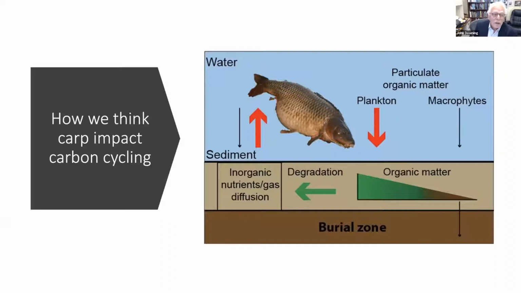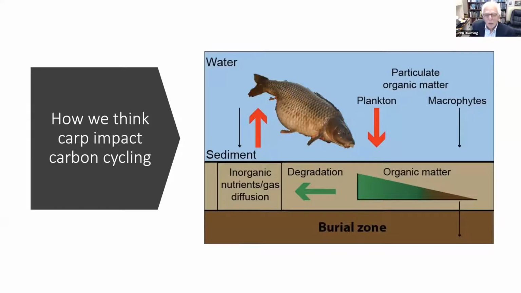How we think carp impact carbon cycling is basically by stirring up and mixing sediments and creating more plankton growth, which creates more labile carbon, which can be degraded more quickly and turned into inorganic nutrients and gas diffusion.